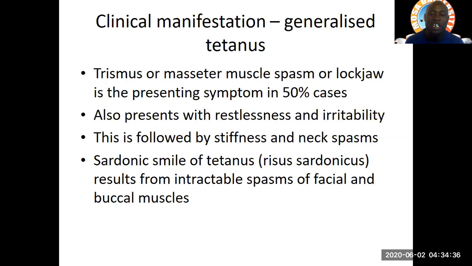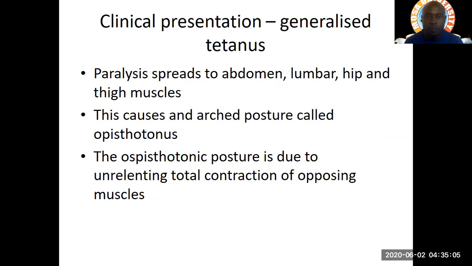As a result of these spasms, they will affect the facial and the buccal muscles, and when they are affected, they contract. As a result of this contraction, the mouth will not go back to the normal state. It cannot control the closing and the opening of the mouth because there's a paralysis of the facial nerves that are involved.